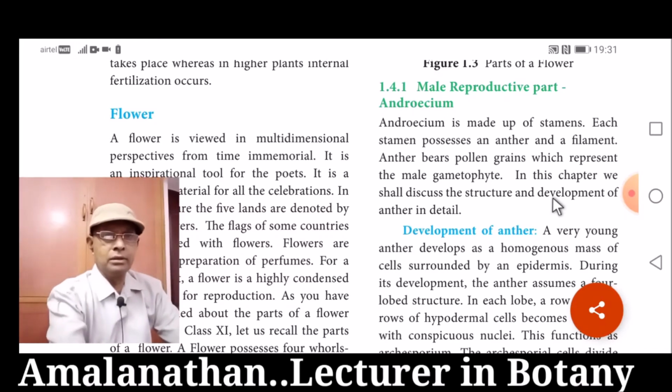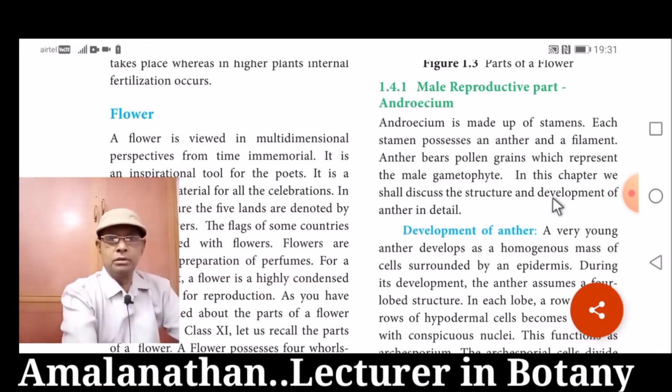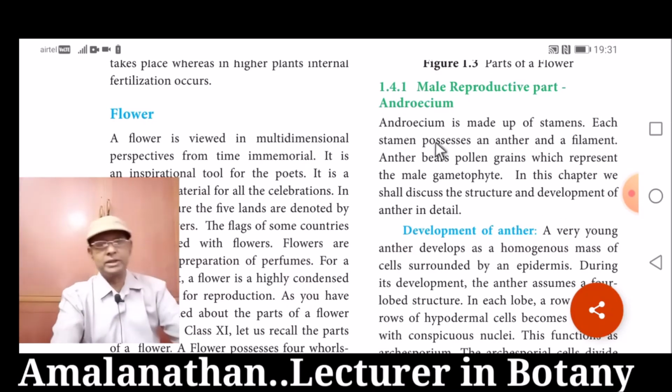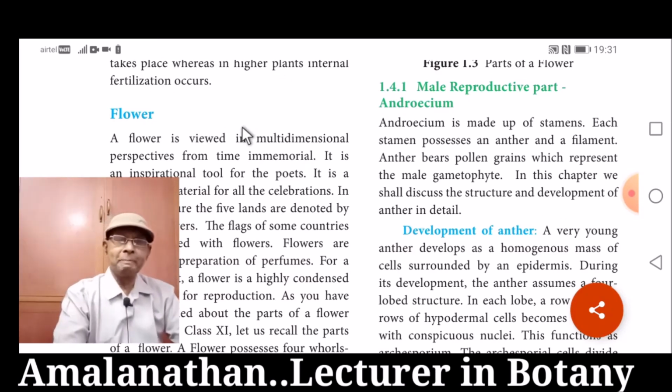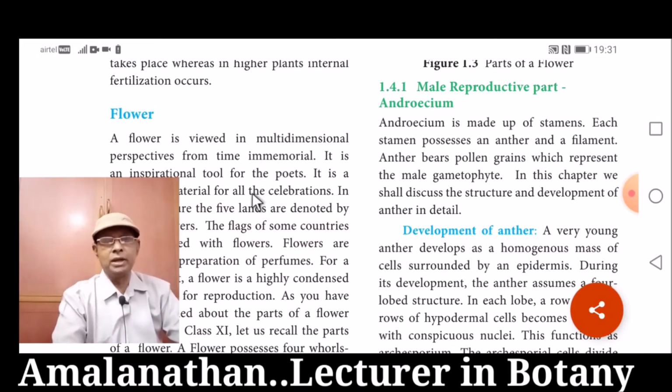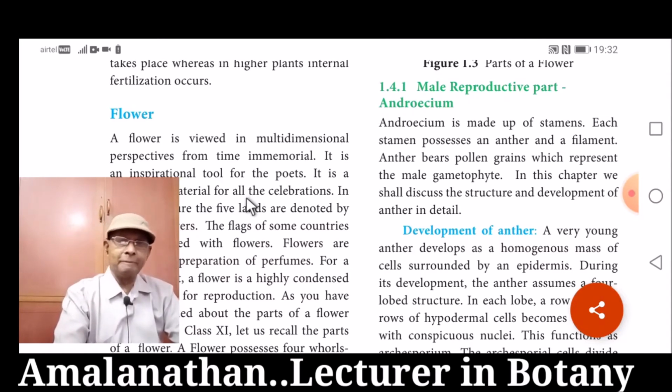The anther is the fertile part of the stamen because the anther produces pollen grains. The filament is the stalk of the stamen, and the anther is the fertile part because a number of pollen grains are produced inside the anther.